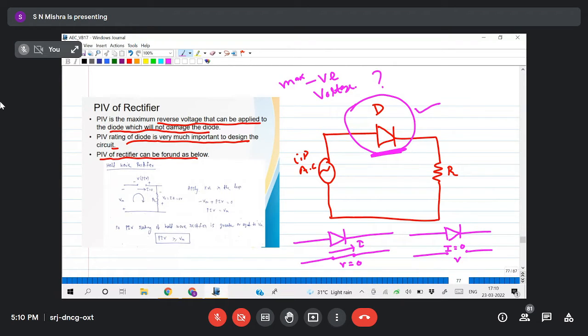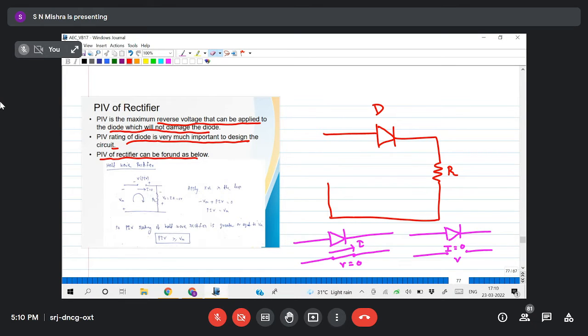Okay, so that's why we try to reverse bias the diode. So when I reverse bias, then obviously the input voltage will be negative.